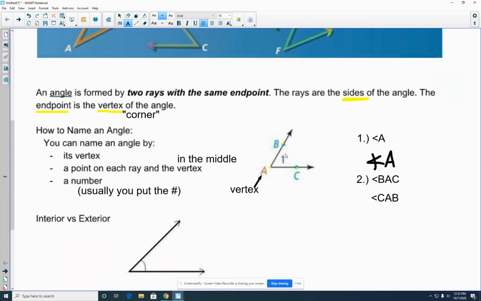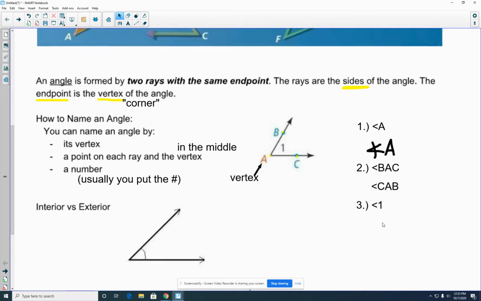The number goes in the corner by the vertex of the angle. So we could also name this angle 1. And that is how you name angles, right? Formed by two rays that share an endpoint. The endpoint is the vertex. Name the angle using the vertex, using the two points on the rays with the vertex in the middle, or a number.